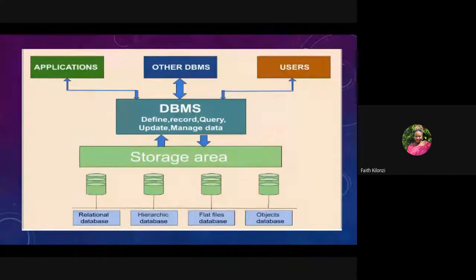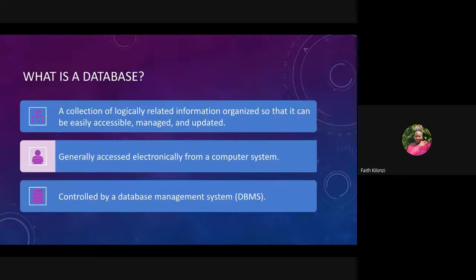Before we get there, we have the different types of database management systems. But the basics of the basics is being able to define the data, keep a record of that data, query the data, update it, manage it, all these other things. These are the key functionalities of databases.